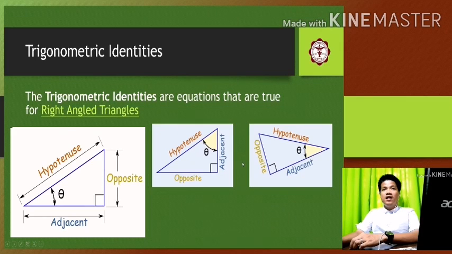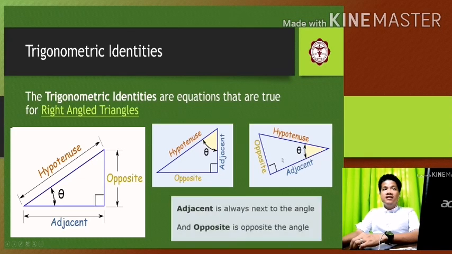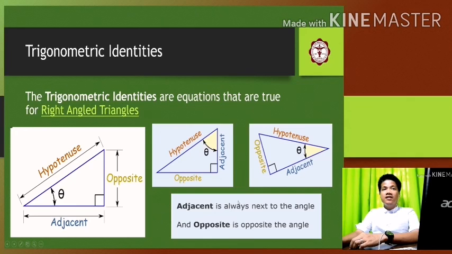Adjacent is always next to the angle, and opposite is always the opposite of the angle.